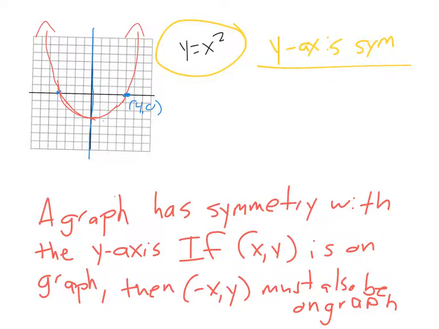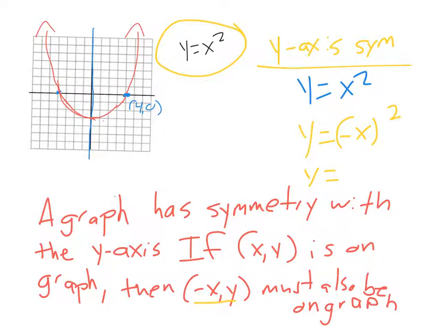So this is what you do. You write down your given equation, y equals x squared. Now we substitute in, instead of x, y, negative x, y. So that new equation would say y equals negative x squared. Well, what is negative x squared?